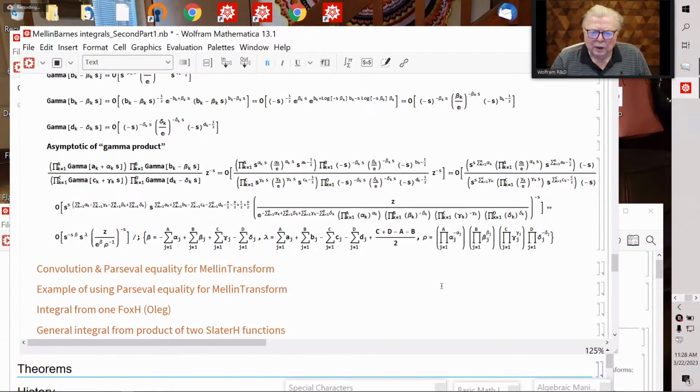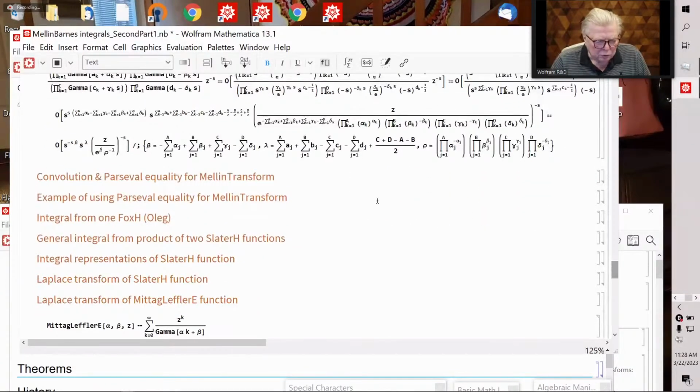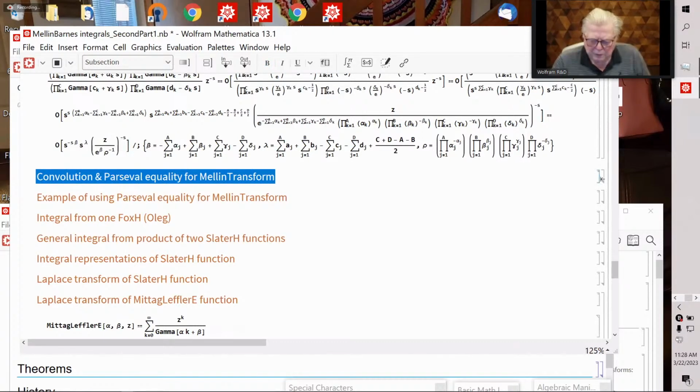Now, right now, I will go to convolution and Parseval equality for the Mellin transform.